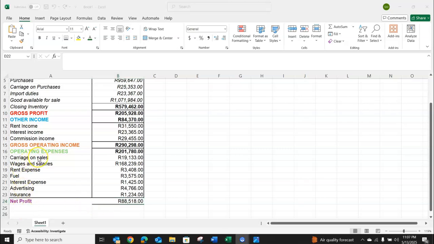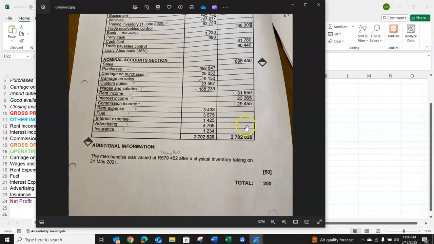Now, I had mentioned that I will be explaining why we have our carriage on sales as an expense here. That is because, firstly, it appears on the debit side of our trial balance, which makes it an expense, because if it were an income, it would appear on the credit side.